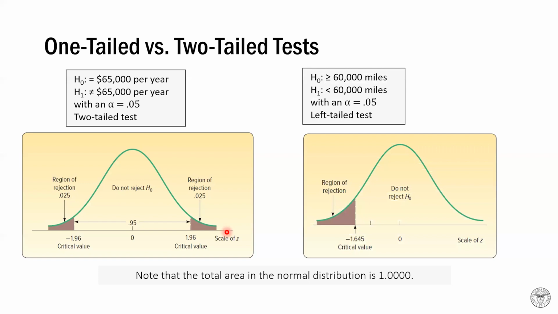A test is one-tailed when the alternative hypothesis states a direction, either less than, left tail, or larger than, right tail. For example, if the region of rejection is on the left, the critical value is equal to the z-value with 5% level of significance, equal to negative 1.645, which is the critical value for this hypothesis test.